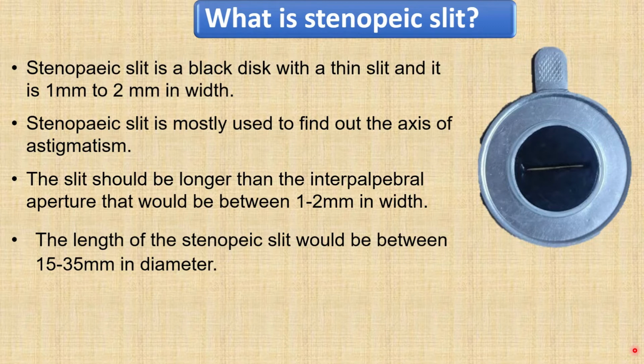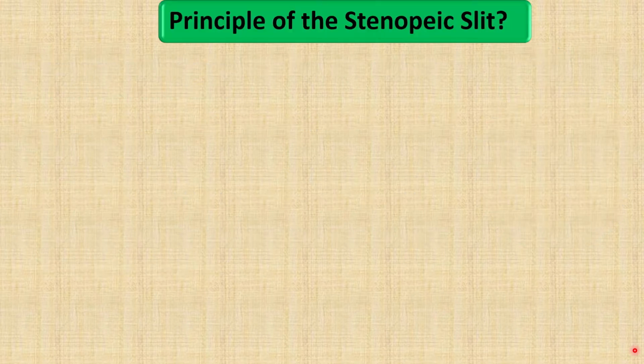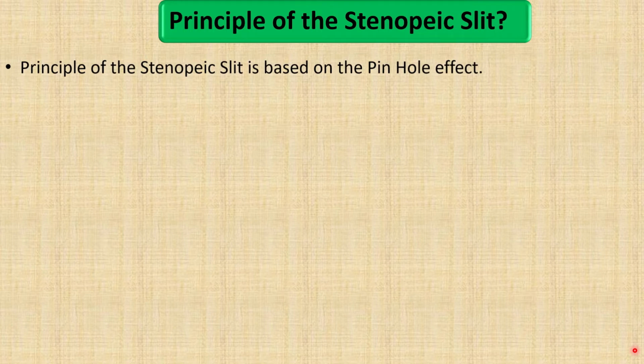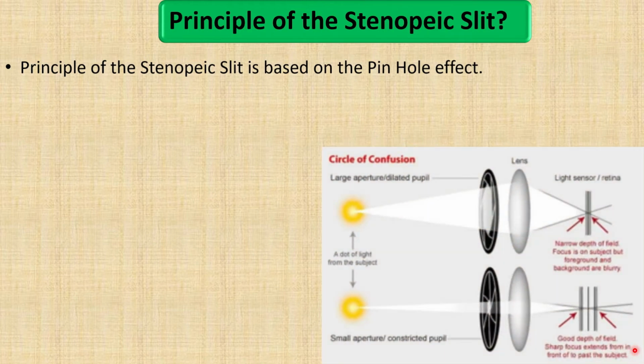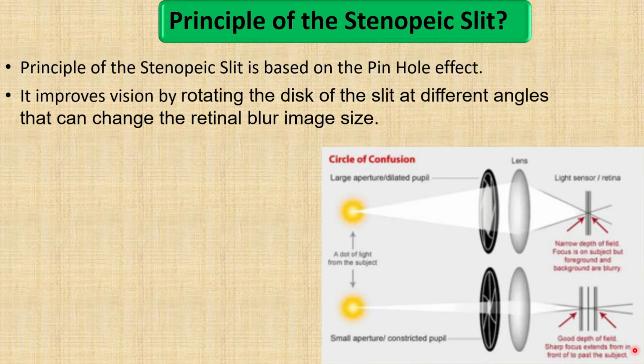So let's know the principle of the stenopic slit. The principle of the stenopic slit is based on pinhole effect. It is nothing but a series of pinholes kept side by side. As the basic principle of the stenopic slit is pinhole, it improves vision in ametropia by rotating the disc of the slit at different angles that can change the retinal blur image size.